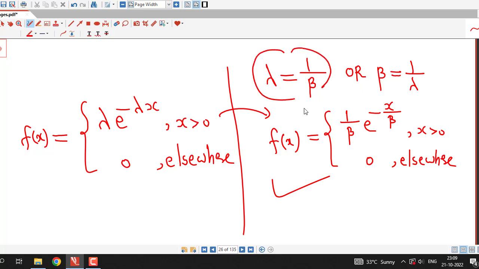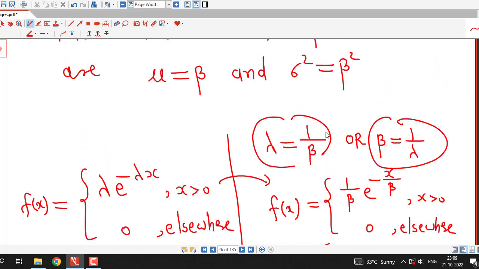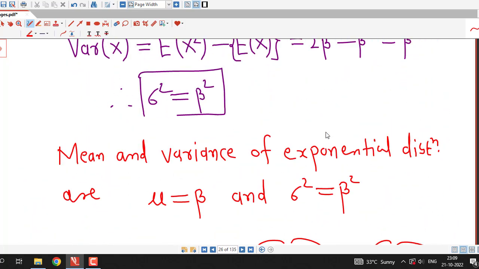We can convert this PDF or this PDF into one another by using this relationship.